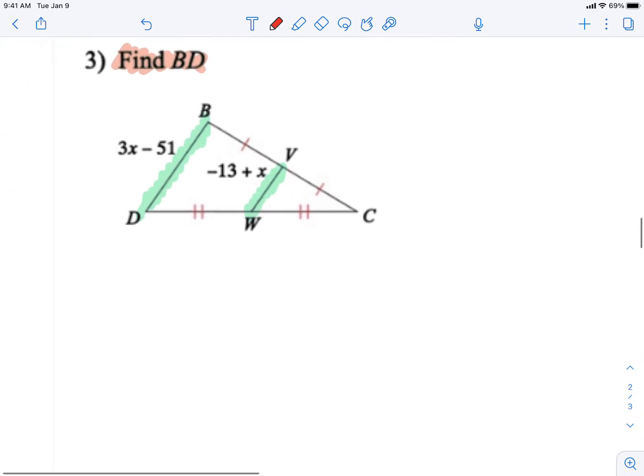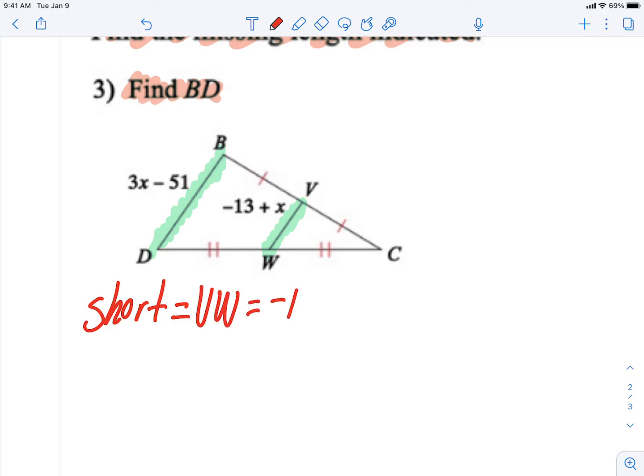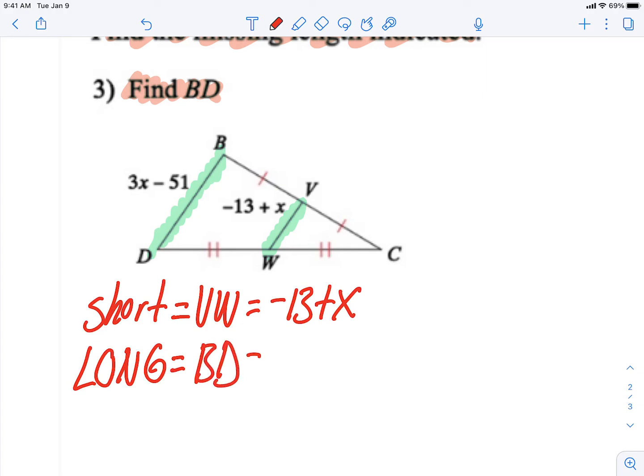So let us write down exactly what we have here. Our short is equal to VW, and that equals negative 13 plus x. Our long is equal to BD, and that equals 3x minus 51. We have our short, we have our long.